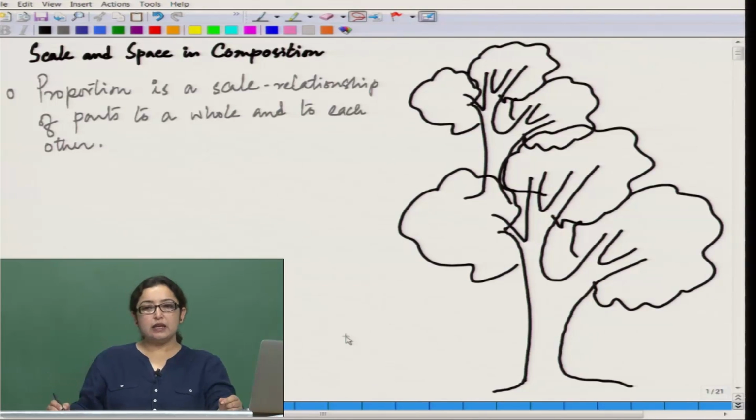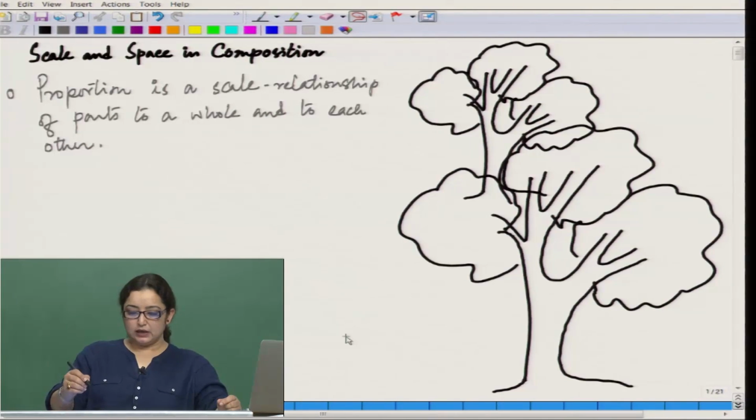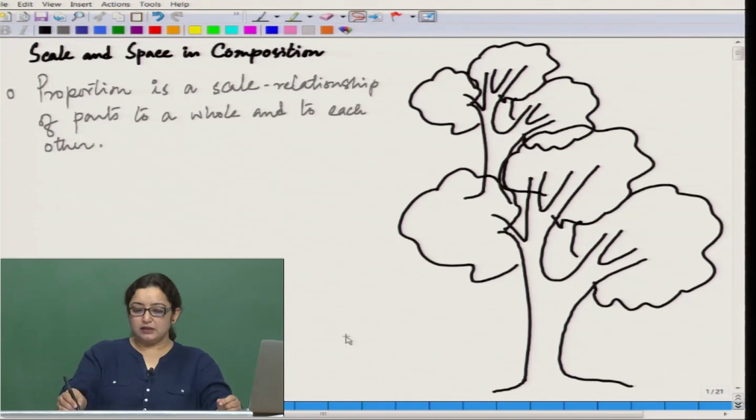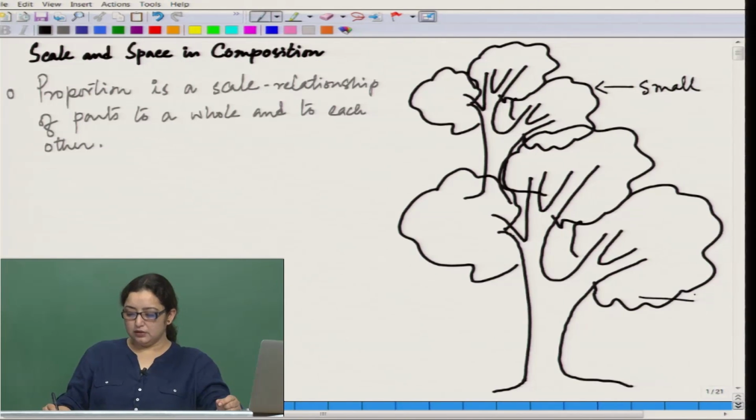So, when we get to see two trees, the earlier one will look smaller in relation to the larger tree. So, that makes this tree small and the other tree large.